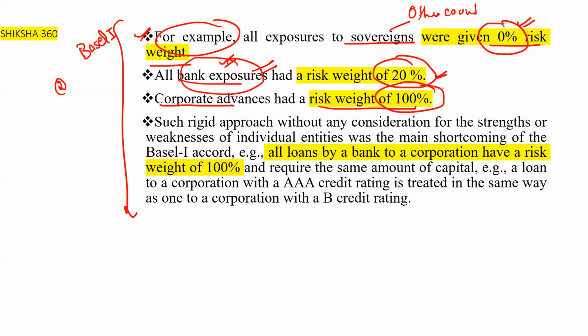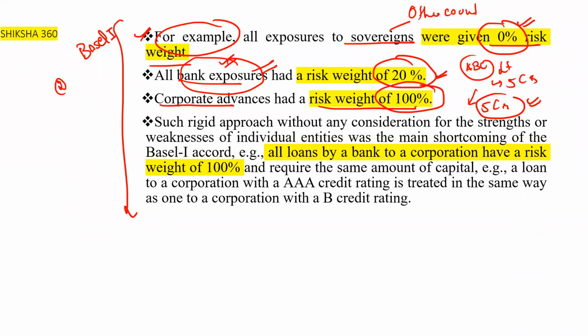What is the meaning of risk weight? If you are giving a loan of, say, 5 crore to ABC Limited, you have to sustain 5 crore with yourselves also. The banking entity has to maintain 5 crore with itself also.